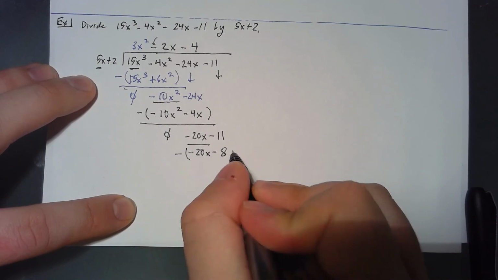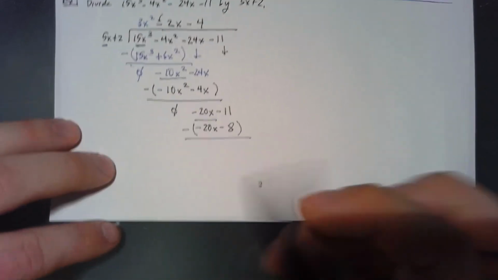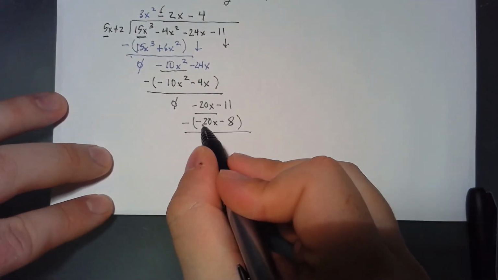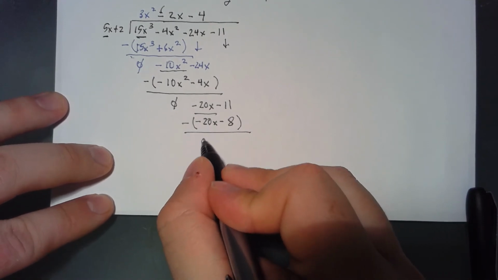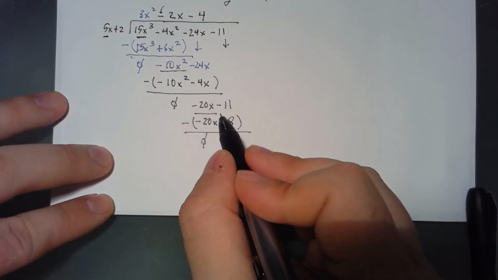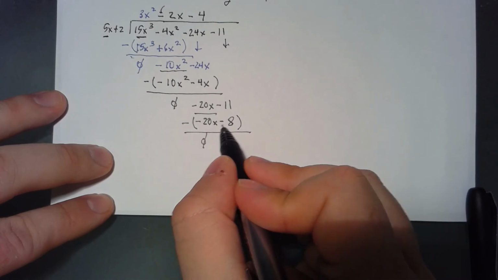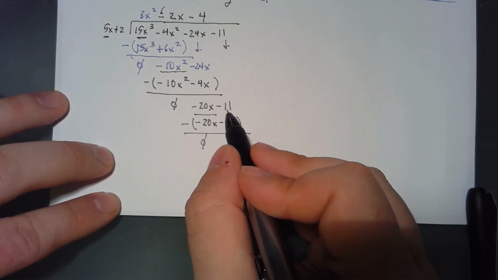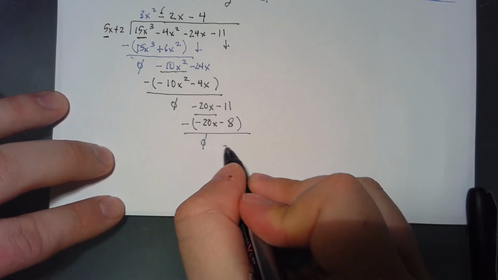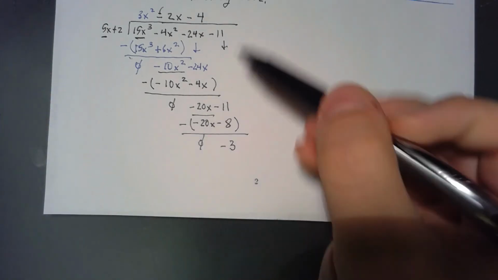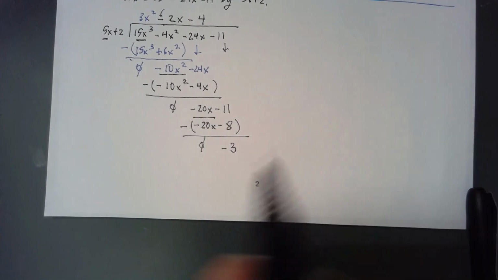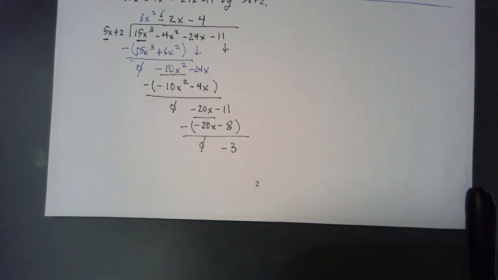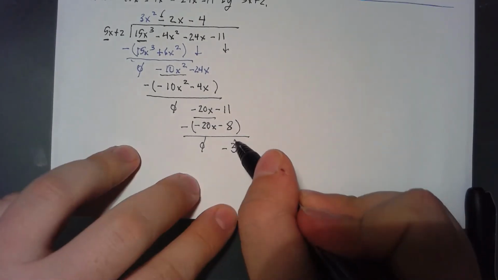Subtract the whole thing. Negative 20x minus negative 20x, that's a positive 20x. That gives me 0. Negative 11 minus negative 8, that becomes positive 8. So negative 11 plus 8 is negative 3. Since I have nothing else left to bring down, that is my remainder.